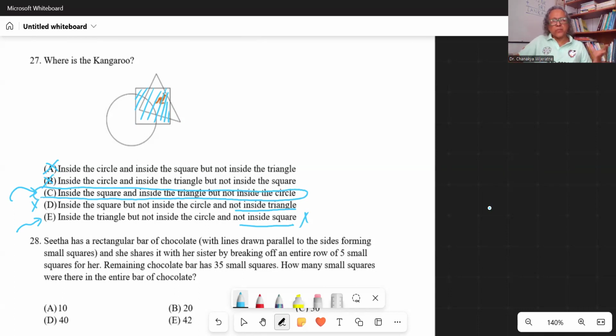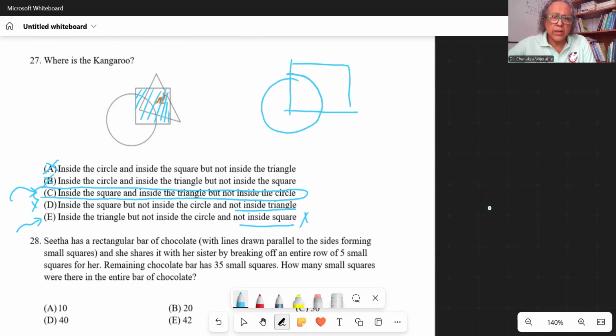So here we have inside of a region and outside of a region, like in the earlier problem, the maps. It's also like a map. You have a circle, a square, and a triangle, so we have regions.